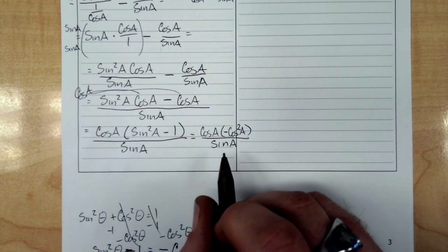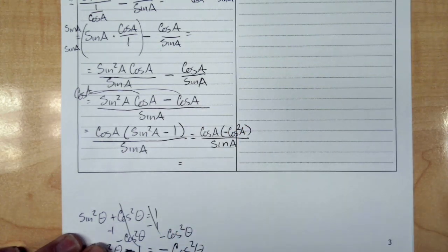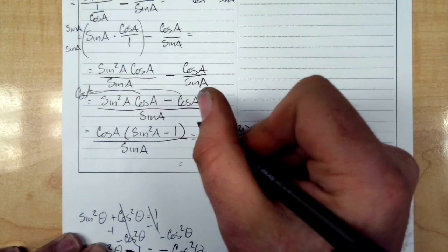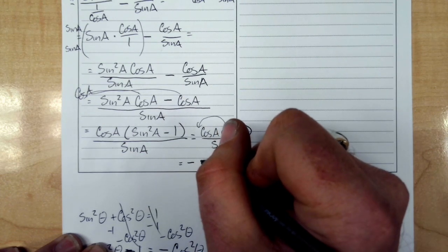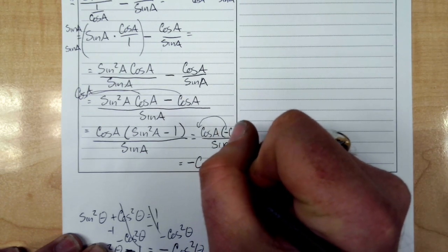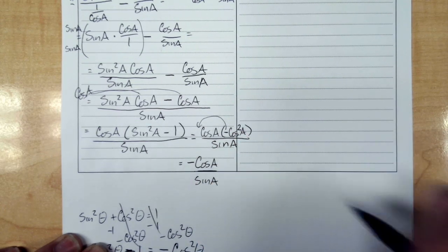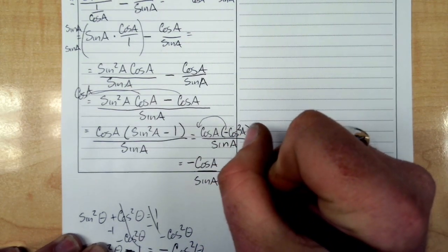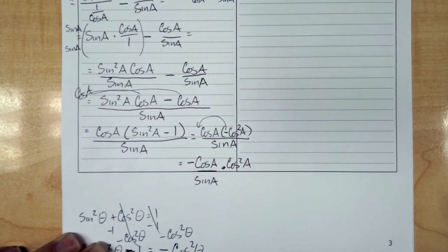And then if we kind of separate this out a little bit, I can take that negative and move it out to the front. And I can make this into the opposite of the cosine of our angle over the sine of our angle. And it's still kind of getting multiplied by the cosine squared of our angle.